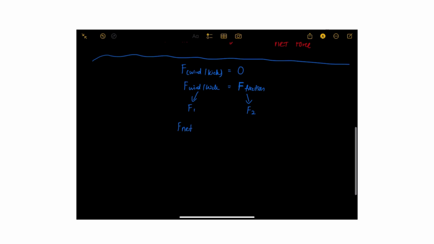Net force calculation is F1 minus F2. And because we say F1 equals to F2, we replace this with F1. So F1 minus F1. Why does this F2 become F1? Because F1 equals to F2. So when F1 minus F1, it will be 0 Newton.